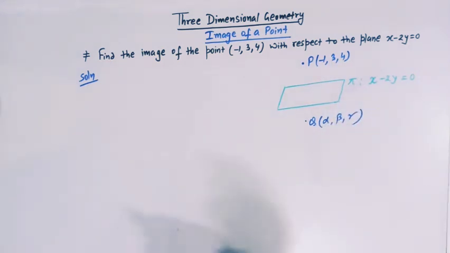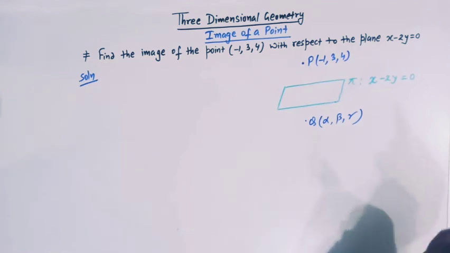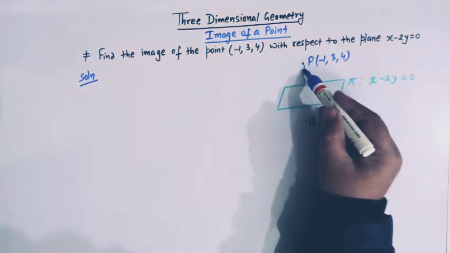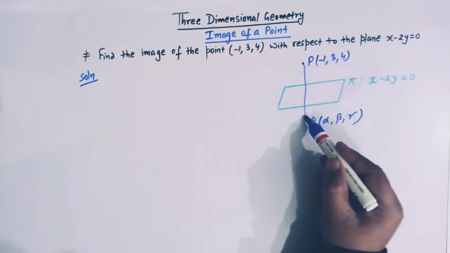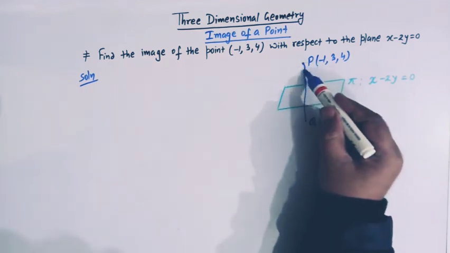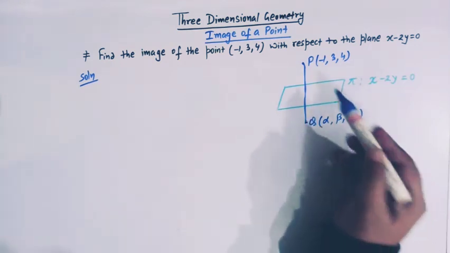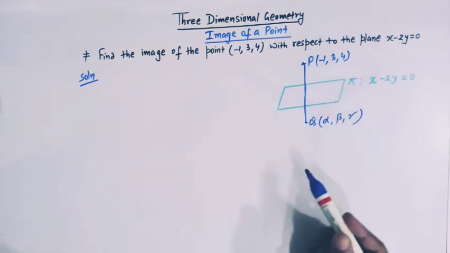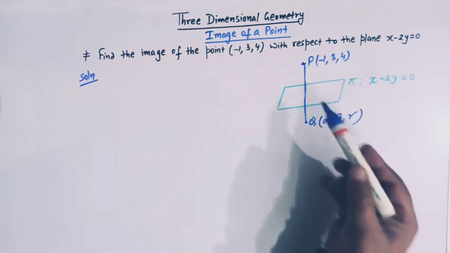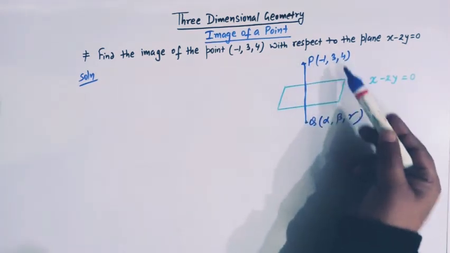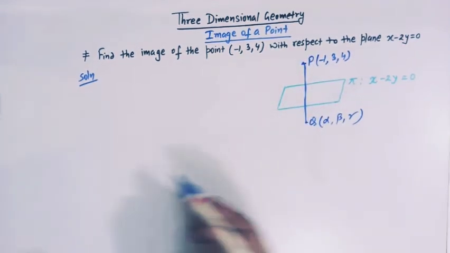Right? Now what we will do, we'll join these 2 points and we get a line PQ, and let us first write the Cartesian equation of this line PQ.